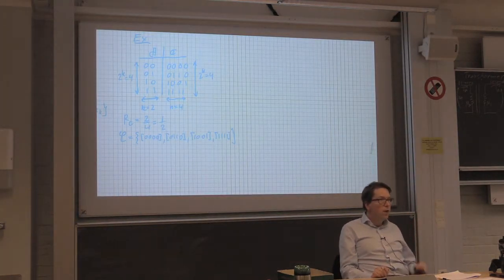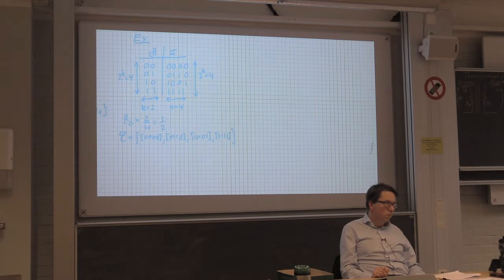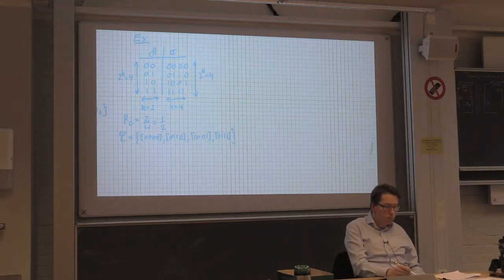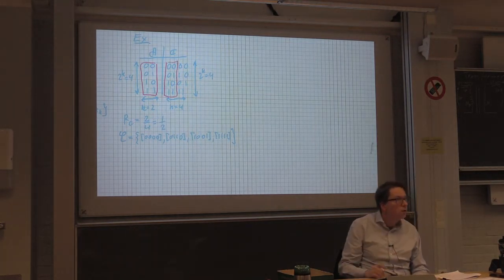Okay, so going back to our example here, is this a systematic code? Yes, it is, right? Because if we look at the input bits here, we find them exactly here, like this.